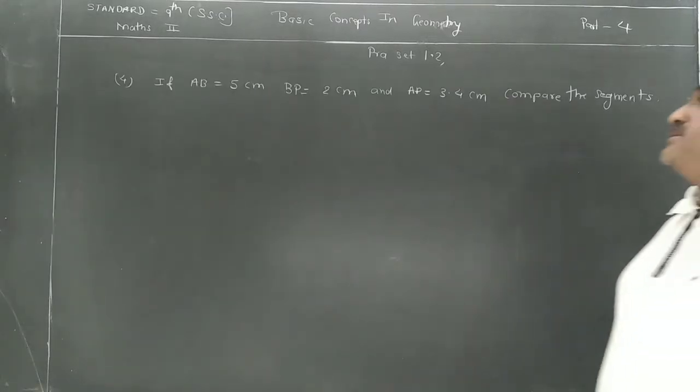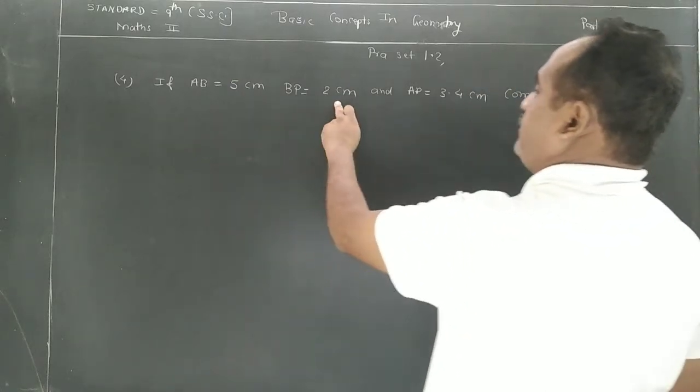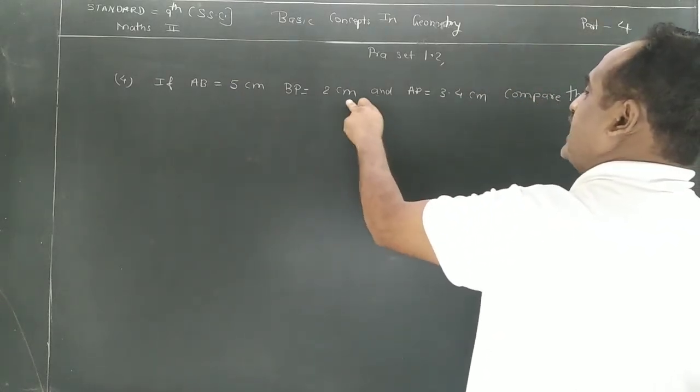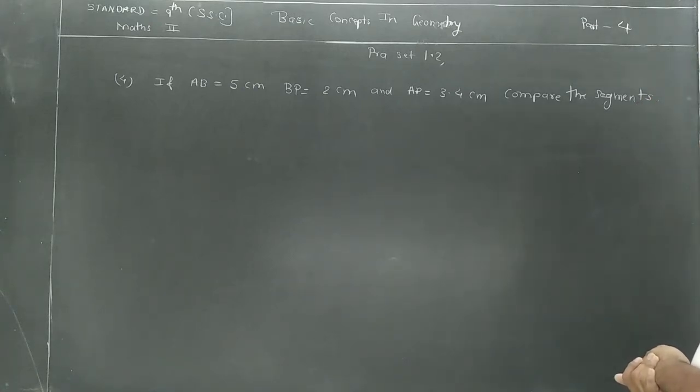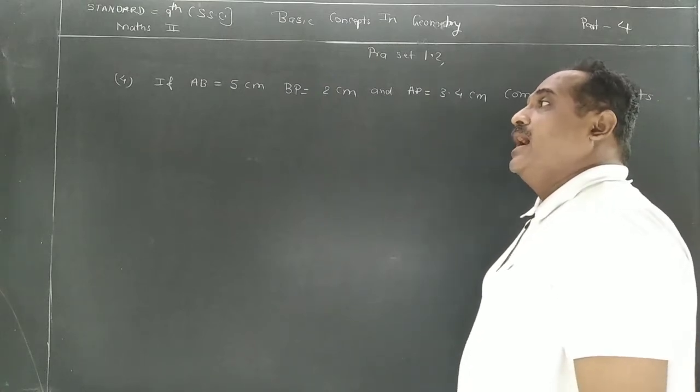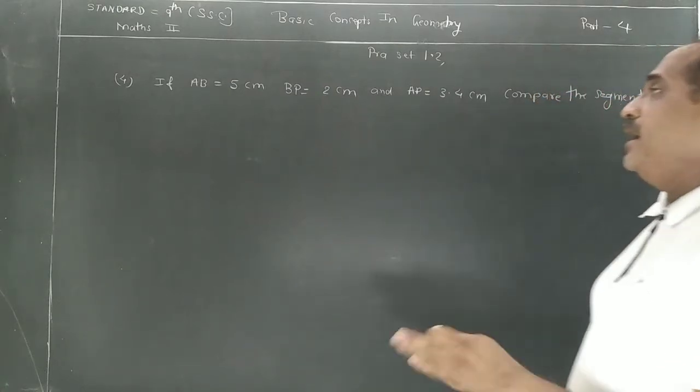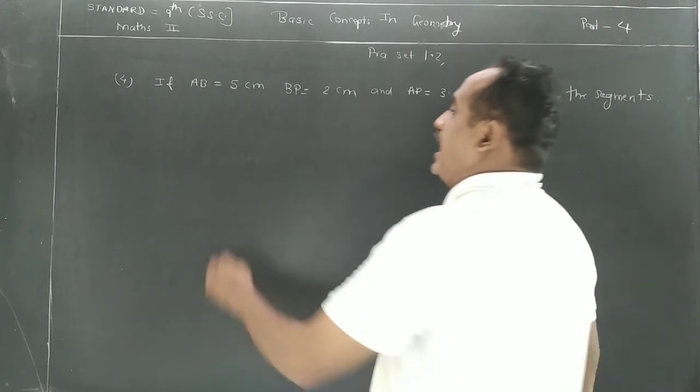See the fourth question. If AB is equal to 5 centimeters, BP is equal to 2 centimeters, AP is equal to 3.4 centimeters, compare the segments. Comparison, I told you, means which segment is bigger and which is smaller.